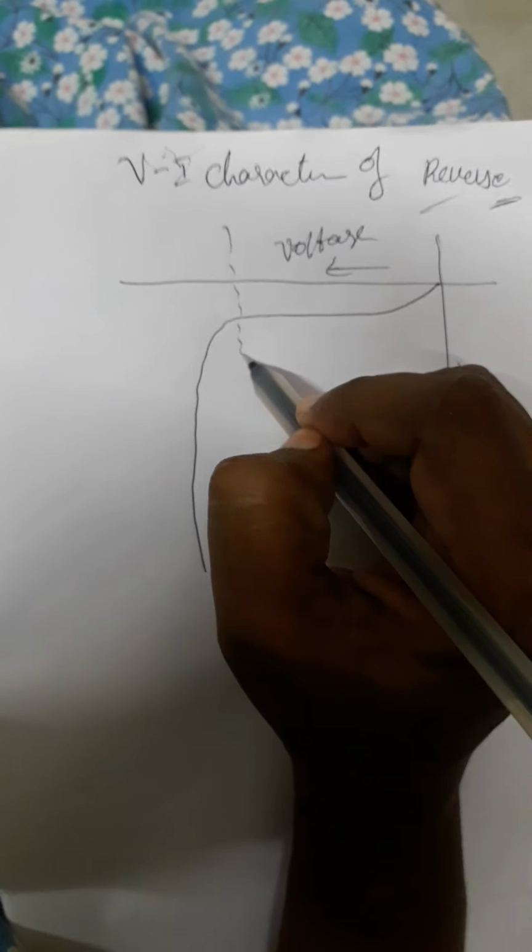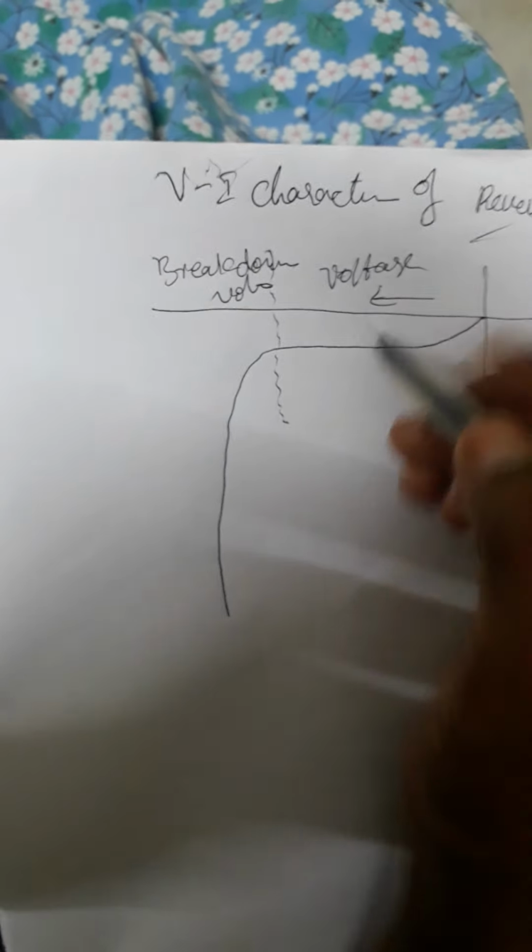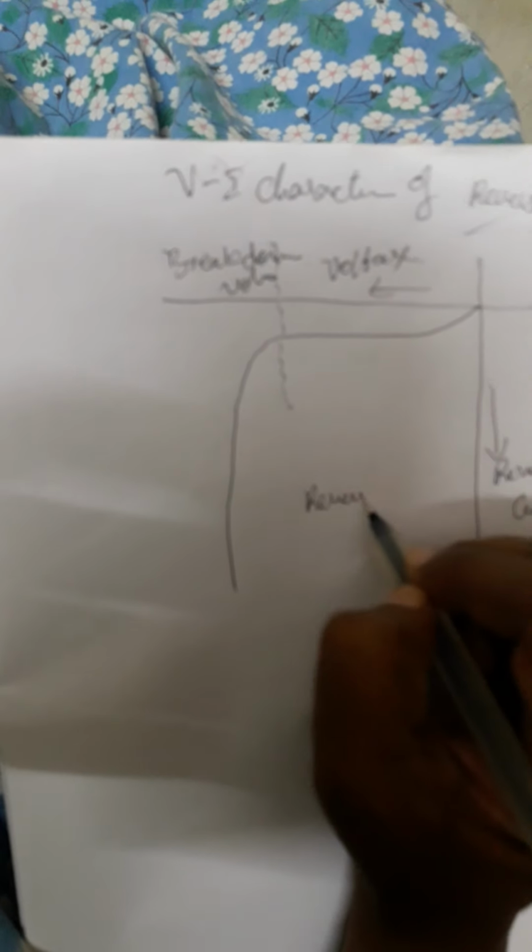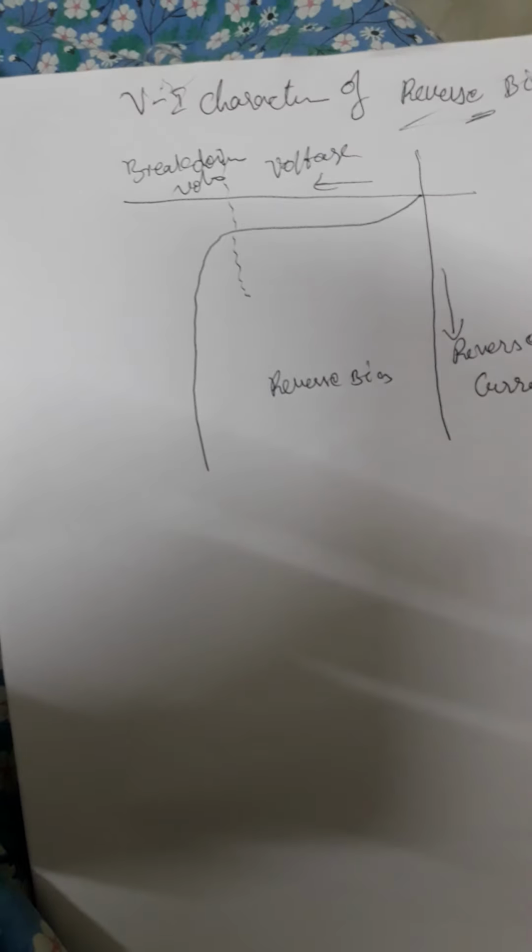This is voltage and this is reverse current. This is breakdown voltage. Reverse bias.